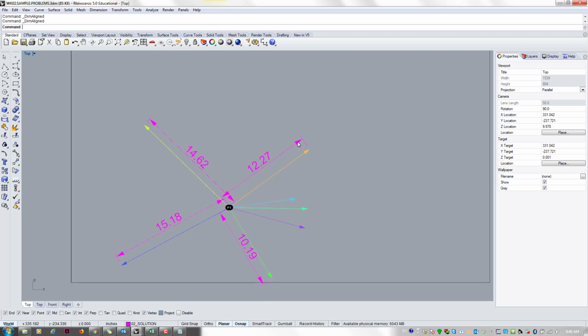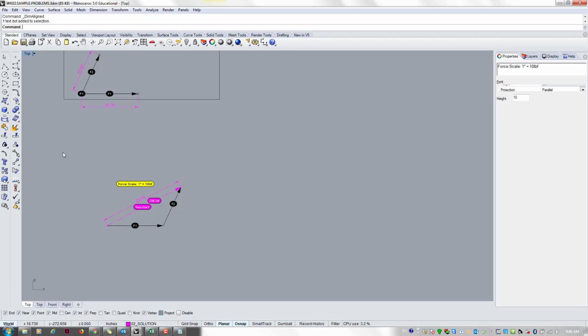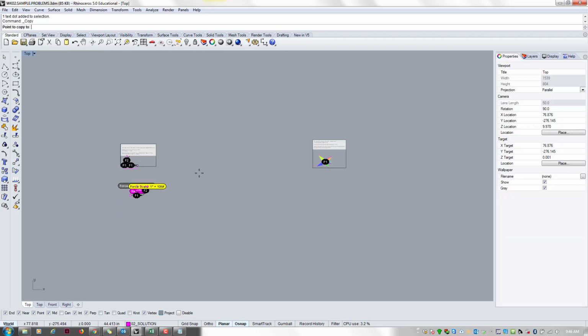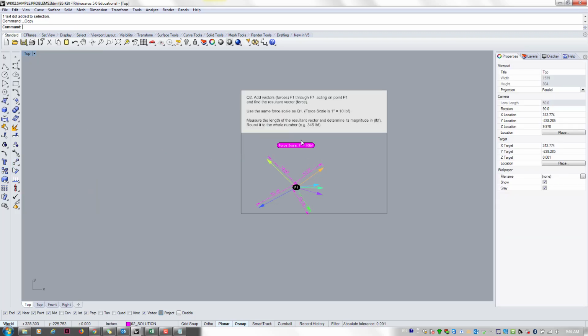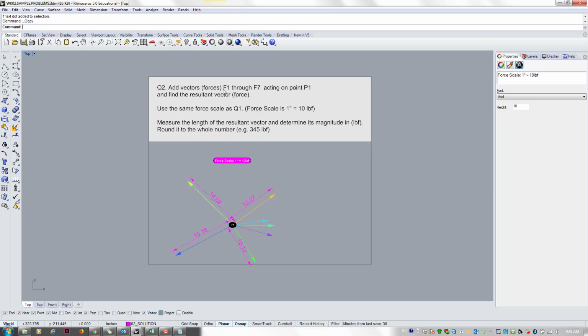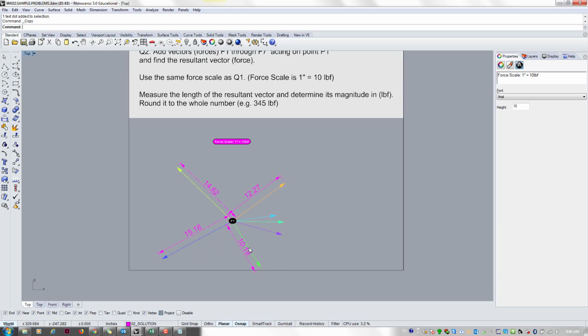I'm asking you to add vectors F1 through F7 acting on point P1. Use the same force scale as Q1, which was 1 inch equals 10 pound force.